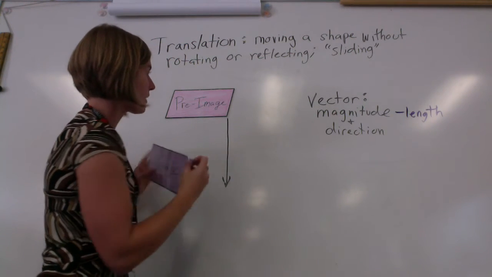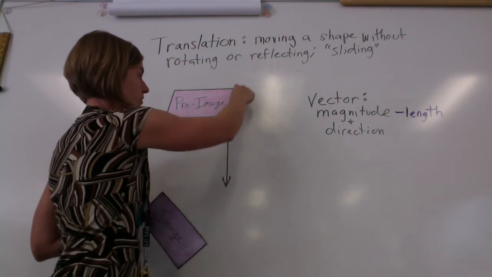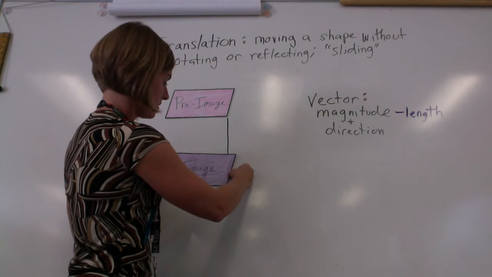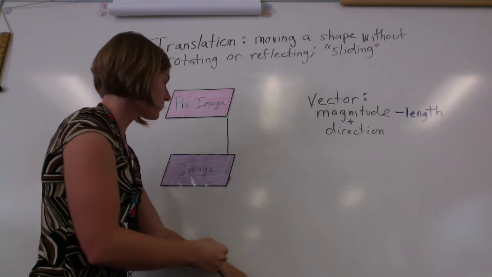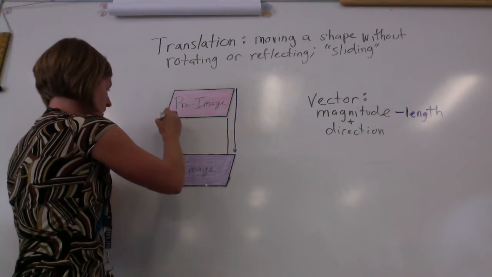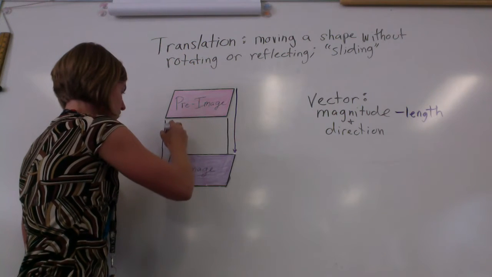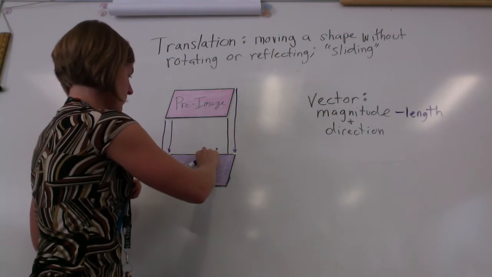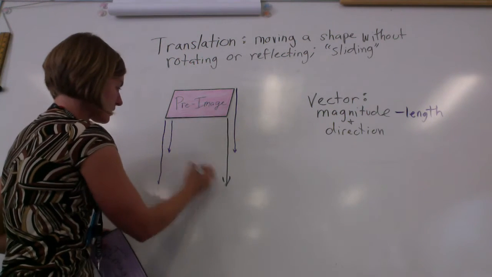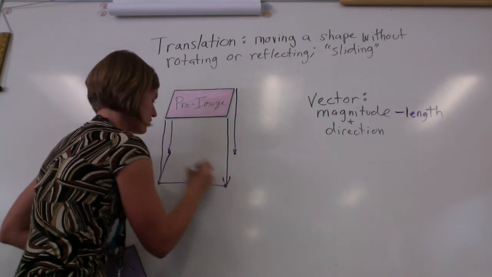Each one of these points, these corners, needs to move this far in this direction. So each of these points moved exactly that far. That one went there, that one went down to here, this one traveled straight down to here, okay? And you can see almost that if we mapped out exactly where each of those points went to, you get that shape that we wanted.